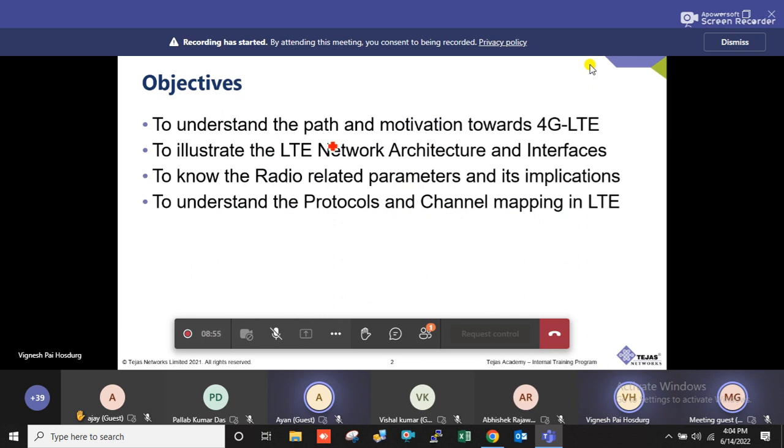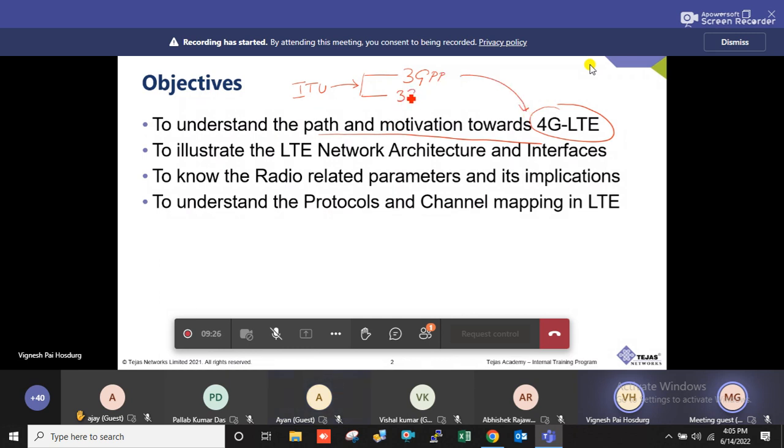So basically yesterday we looked more at the motivation or the evolutionary path towards 4G LTE. We have ITU, International Telecommunication Union, which gives standards on these technologies. In that there was a bifurcation. There was one group called 3GPP, which is where we look with respect to LTE.